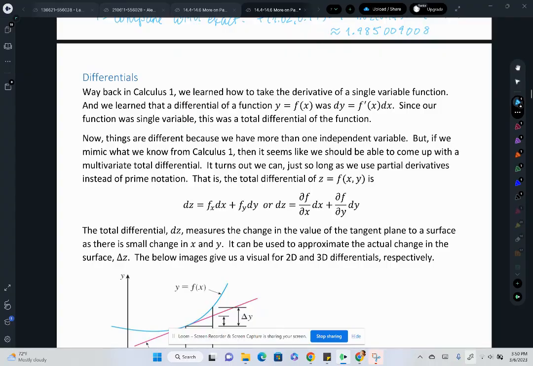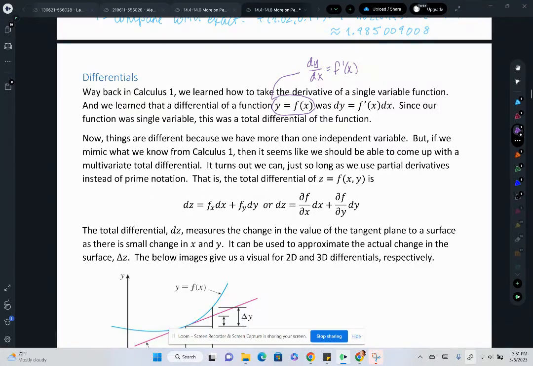So way back in Calculus 1, we learned how to take the derivative of a function, y equals f of x. And what we learned from working with y equals f of x is we would say, oh, okay, dy dx is equal to f prime of x.